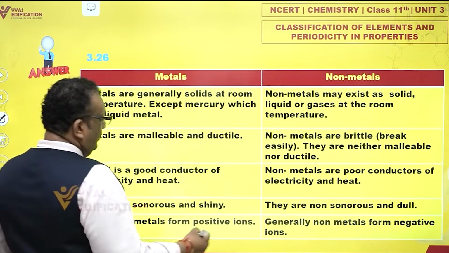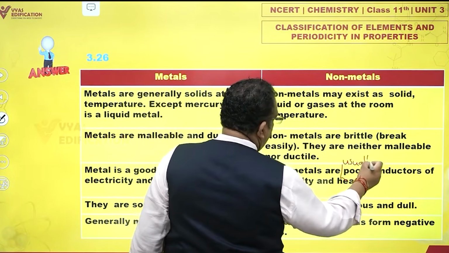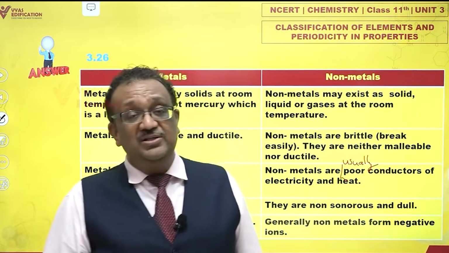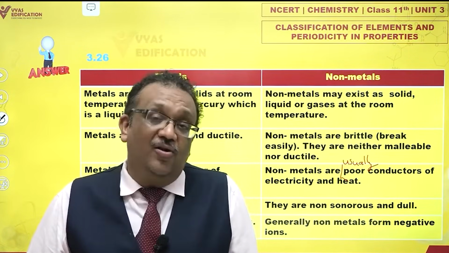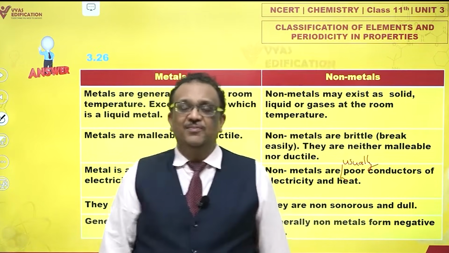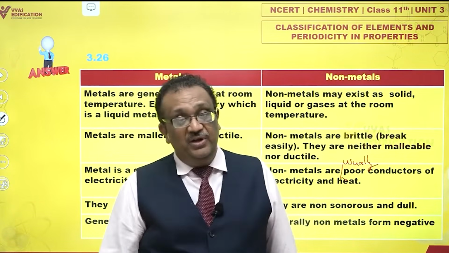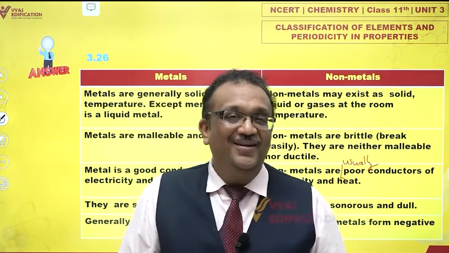Non-metals are usually poor conductors of heat and electricity. There are notable exceptions, like diamond is an excellent conductor of heat. On the other hand, graphite is a very good conductor of electricity. But then, these are rare exceptions. Otherwise, usually non-metals are poor conductors of heat and electricity, while metals are always good conductors of heat and electricity.